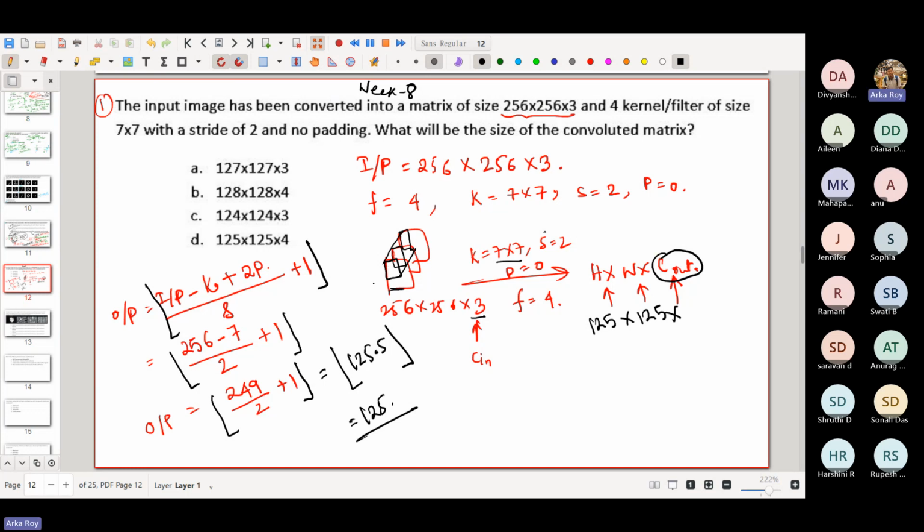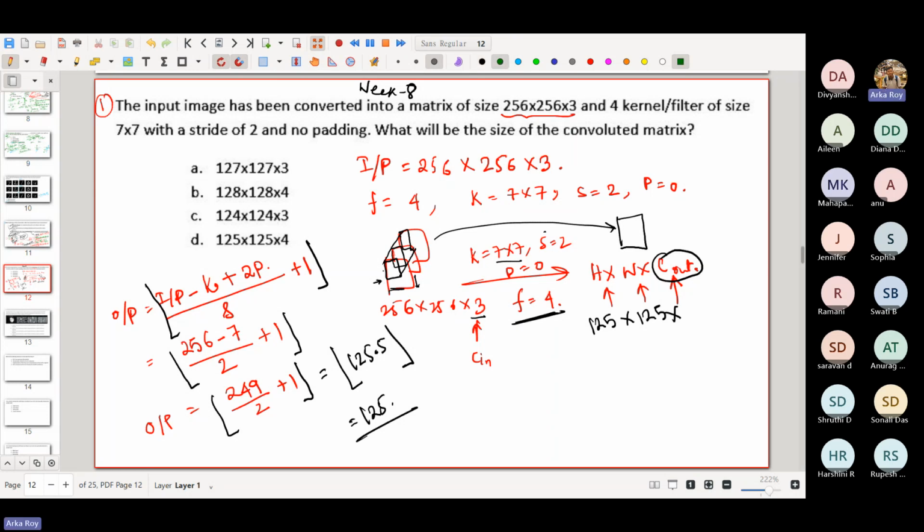You move it to the right hand side, then you go to the bottom, and then you scan over the whole image itself, and you get the first feature map. You have 4 filters, so this is from the first filter.